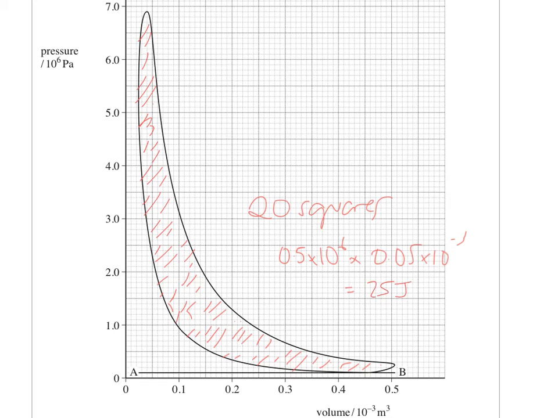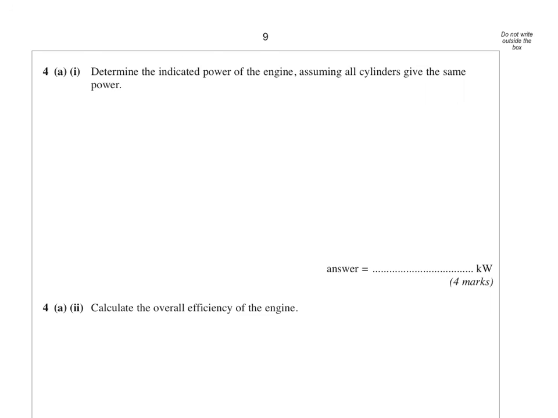If we have 20 squares and each one of those is 25 joules, so 20 times 25 gives you about 500 joules per cycle.